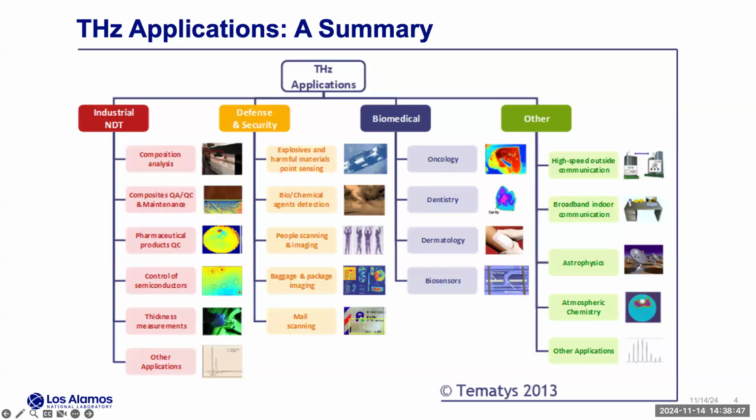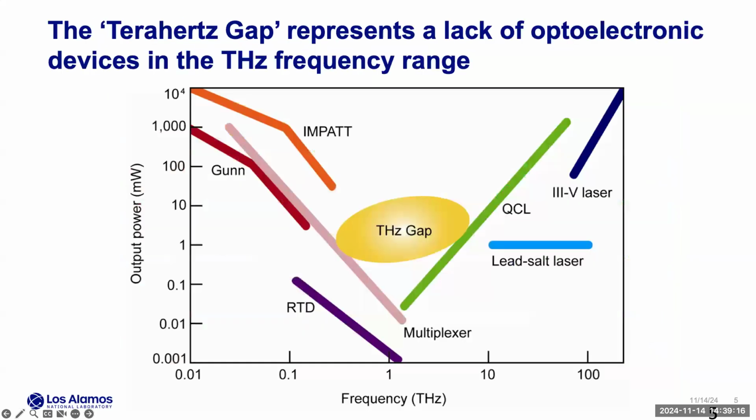In defense and security, which is mostly imaging, biomedical, a lot of imaging in areas like dermatology, dentistry, but also spectroscopy using terahertz radiation. And then high-speed communications, where you use the short pulse width, broadband communications, where you use the broad bandwidth of a terahertz pulse, and then other more somewhat scientific applications in astrophysics and atmospheric chemistry.